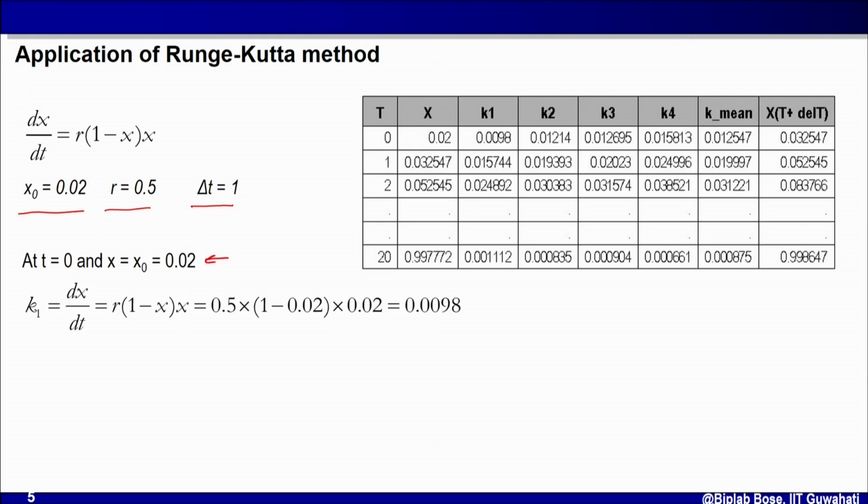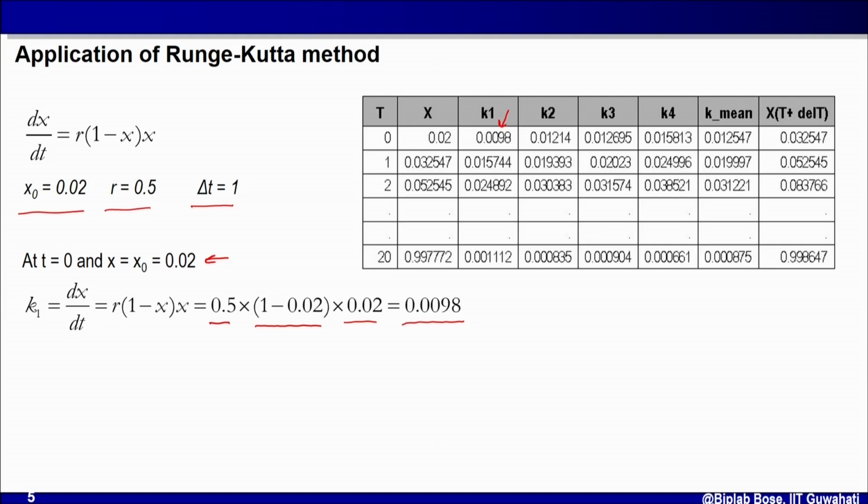So at this point the slope k1 will be equal to dx dt, r into 1 minus x into x, which is equal to 0.5 into 1 minus 0.02 into 0.02, which is equal to 0.0098. So in this table I have written it here, 0.0098.